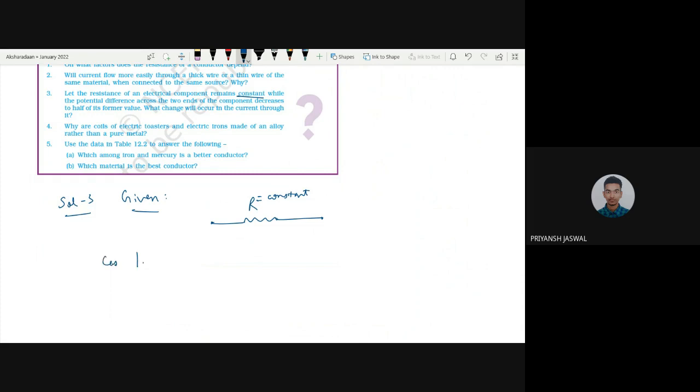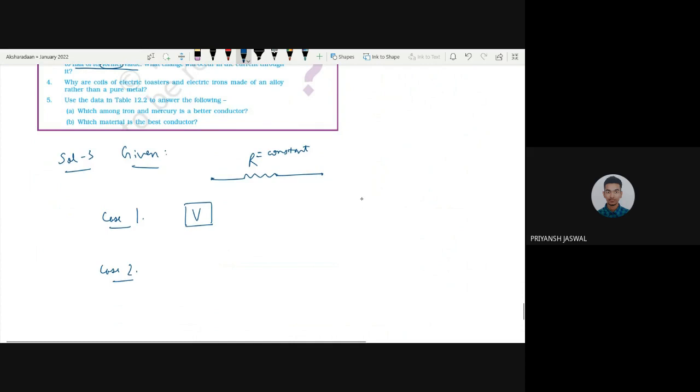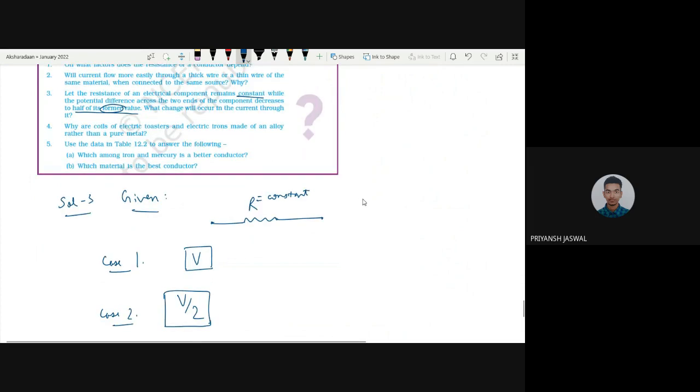Let's say in first case, the potential difference is V, and in case 2, it is half of that. Former means the earlier value it had, the past value. So here the past value is the value of case 1, that is V. So half means 1 by 2 of V. What change will occur in the current through it?